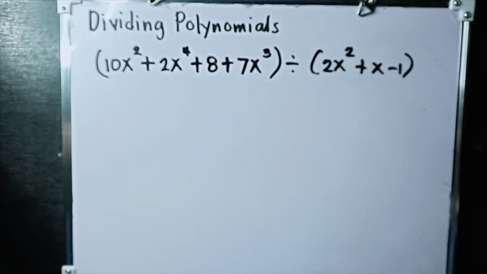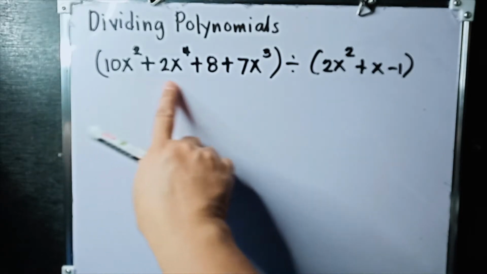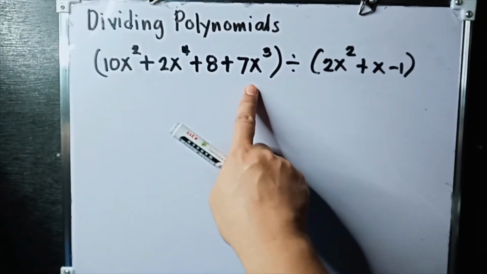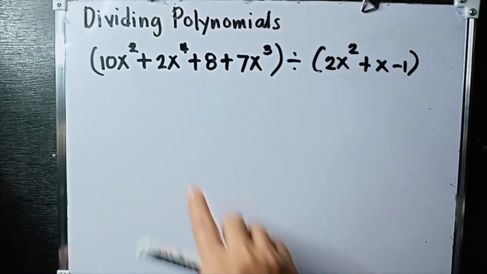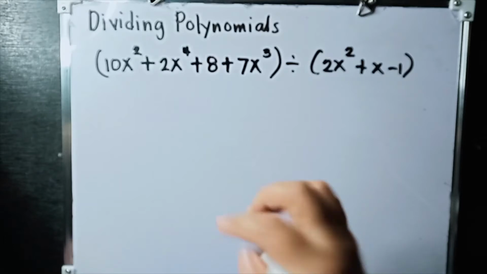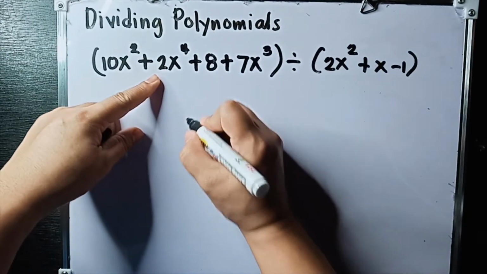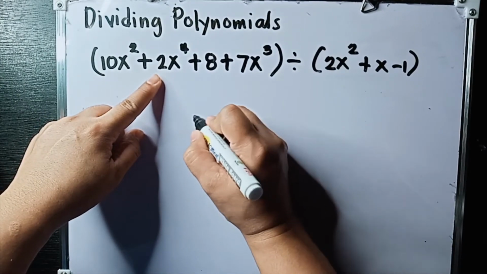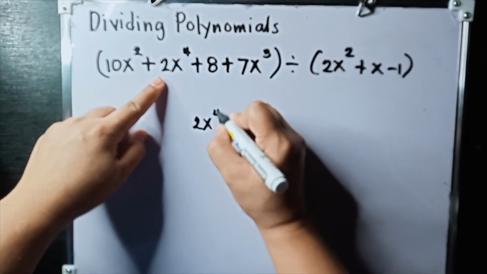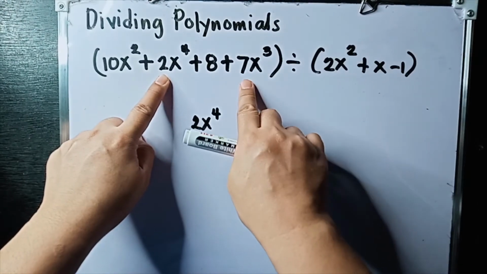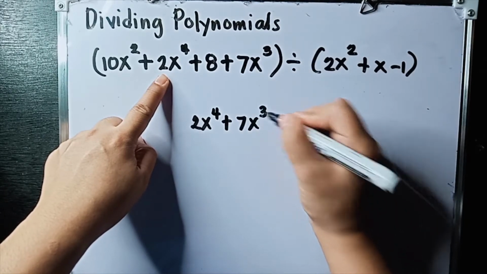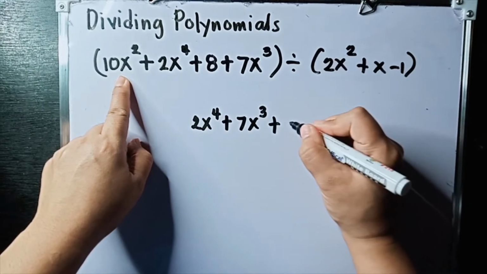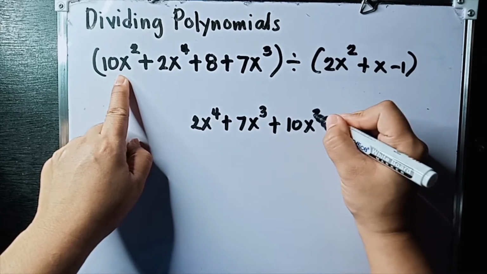Here are the steps on how to divide polynomials. First, we have to write the dividend in standard form, and we're going to insert zeros as coefficient of any missing term. So how do we do that? Firstly, we write the first term, which is 2x raised to the fourth, since this is the highest power, followed by our cubic term, which is 7x cubed, followed by our quadratic term, which is 10x squared.